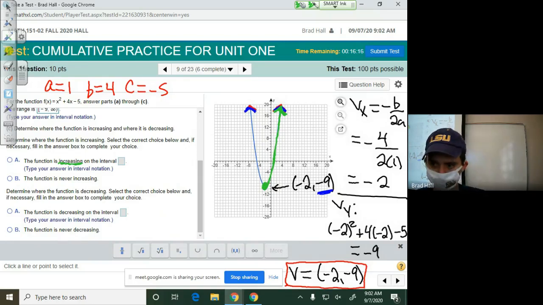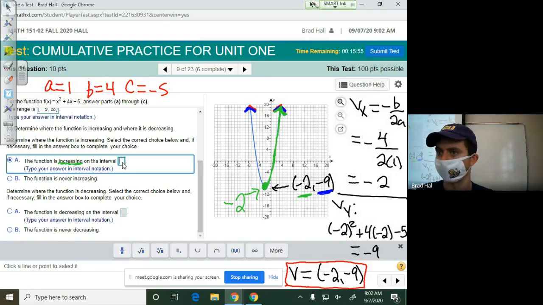So for that green part I just highlighted, what is the X value of the leftmost part of that? The X value seems to be -2. So if anything, I know how to start this. I said never use brackets, so I will use a parenthesis.